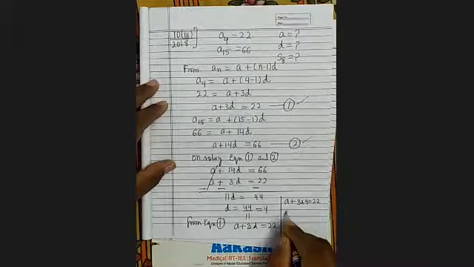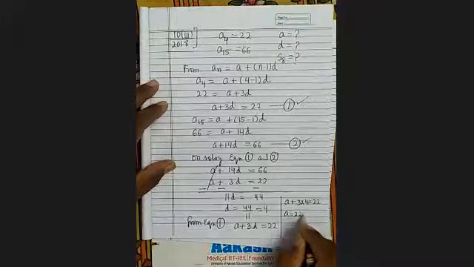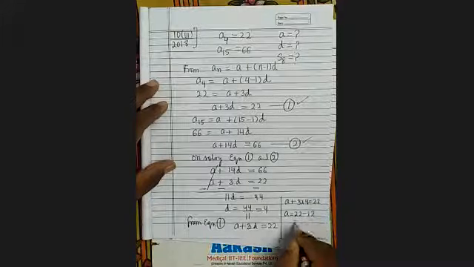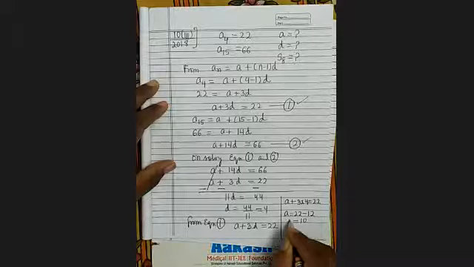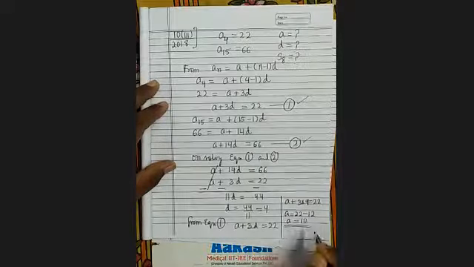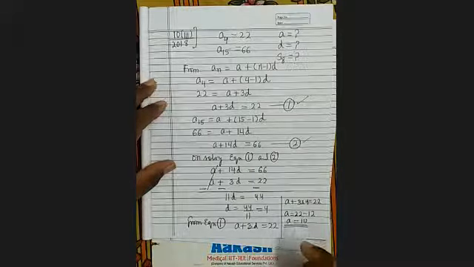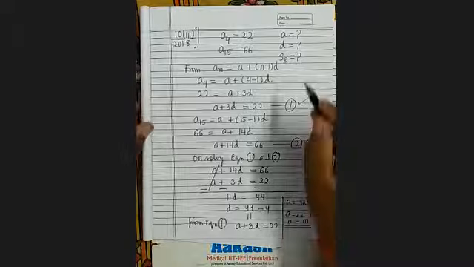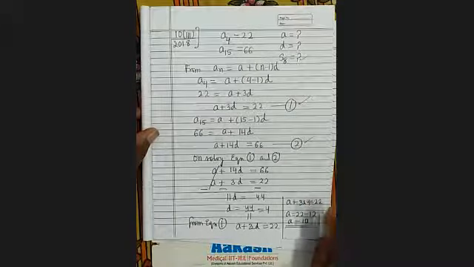So a equals 22 minus 12, that is equal to 10. a equals 10. It is clear? d equals 4. So now we can find S8.